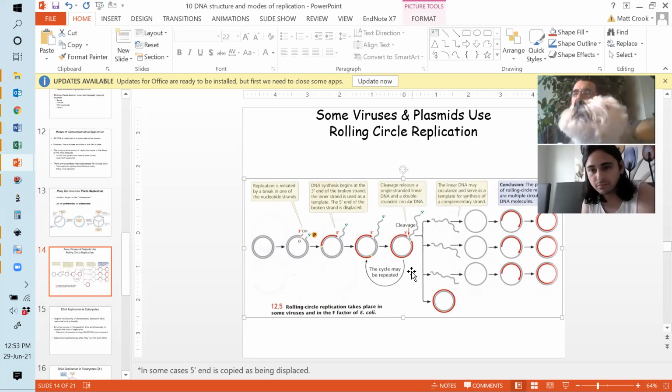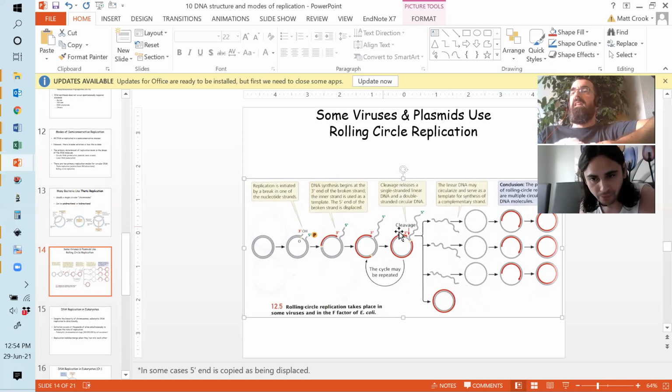You peel it off while you're synthesizing that one strand. You don't see this at all in eukaryotes, and you don't see it in the normal replication of prokaryotic DNA, the main chromosome, I guess one could call it.